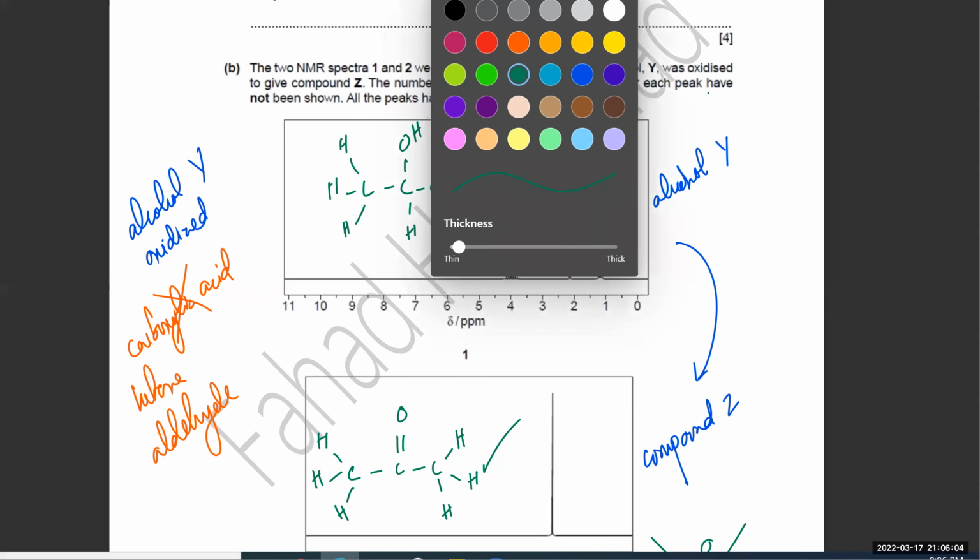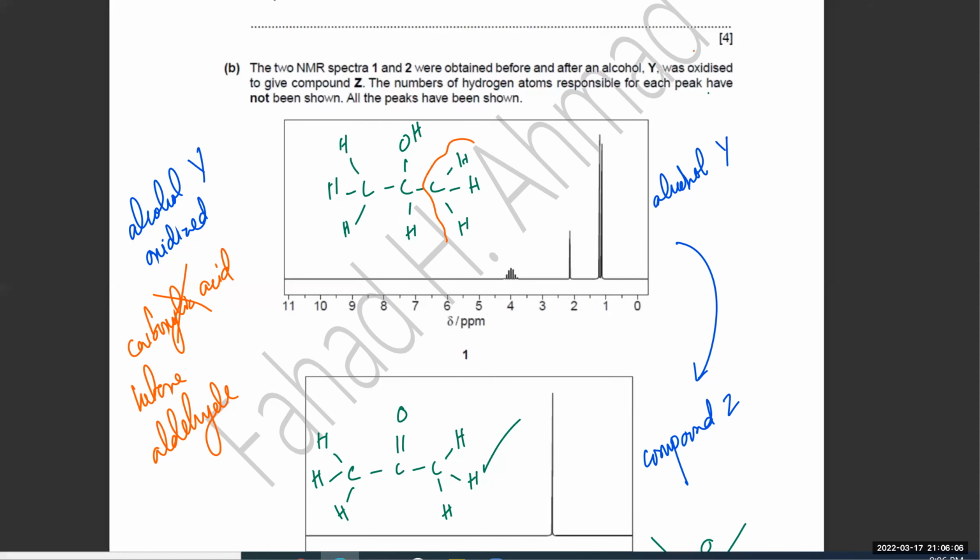The big absorption is going to be because of these CH3s, and it's going to be a doublet. What about this one? What type of peak would this be? Multiplet. And this OH is going to be a singlet.